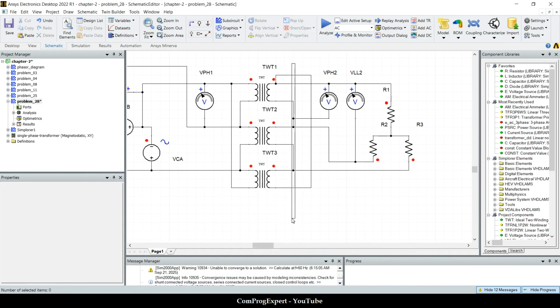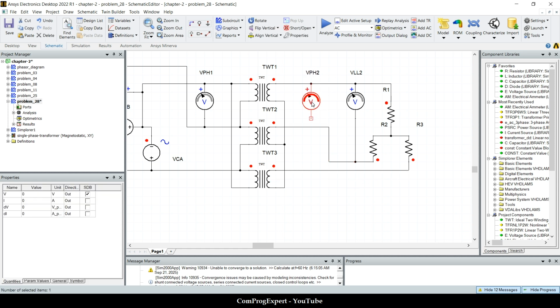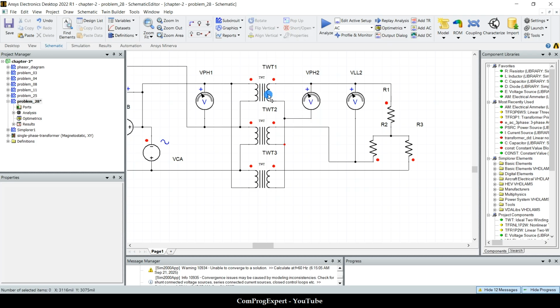So again, let's select and delete these lines to generate this star connection. Perfect. So here, this is for the phase A, the first phase, and this is for the B. This is for C. Here, this is the voltage of the coil, the secondary coil of the first single phase transformer, and this is the line-to-line voltage.